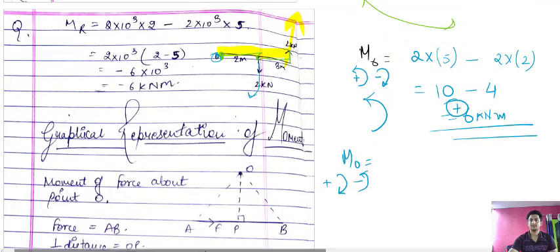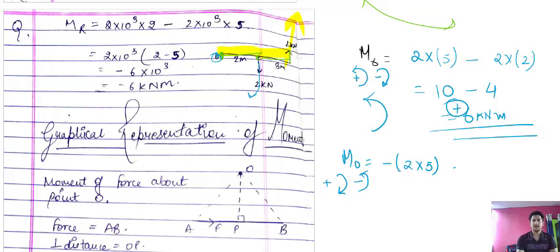In that case, this is 2 kilonewton and we need to calculate the moment at point O. It is producing an anti-clockwise moment, which will be minus because I have taken anti-clockwise as negative: 2 into perpendicular distance, 2 meter plus 3, that is 5. Now the other is producing clockwise direction, that will be plus 2 into 2.